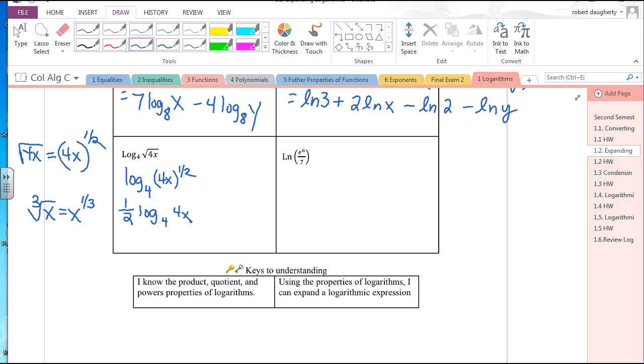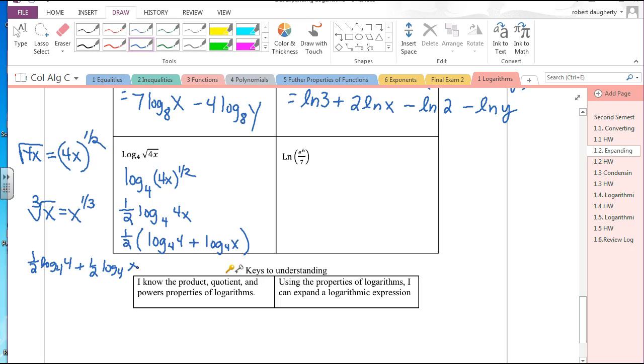So this is 1/2 times log base 4 of 4 plus log base 4 of x. What's very important here, guys, is that it's 1/2 times all of this. You could write it like 1/2 log base 4 of 4 plus 1/2 log base 4 of x. That would be correct as well.